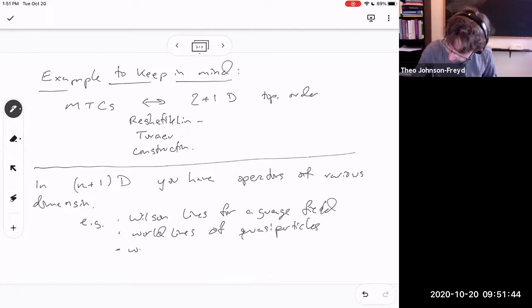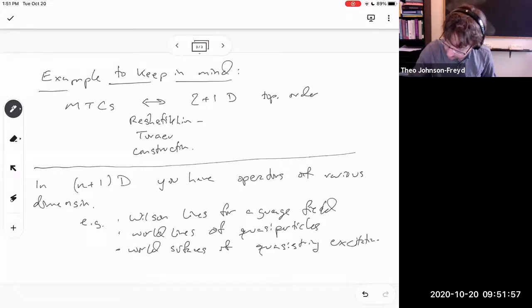You might have world surfaces of quasi-string excitations, etc. And the first thing I want to observe is that these objects form a higher categorical structure.